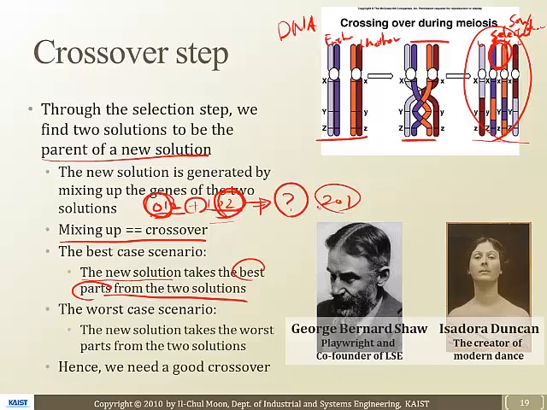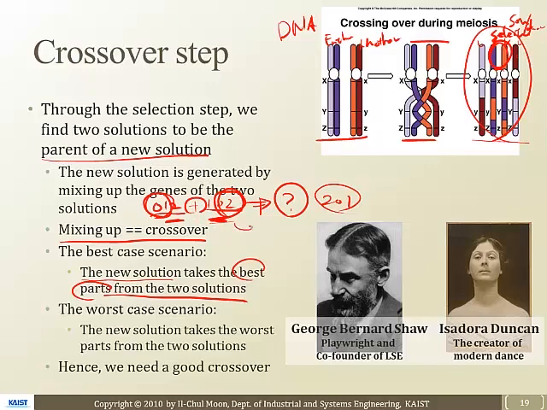But the worst case is, what if we cross over the worst part of the two solutions? For example, this was something that was not very good at routing, a small part. This was not such a good idea in terms of routing from this genotype.